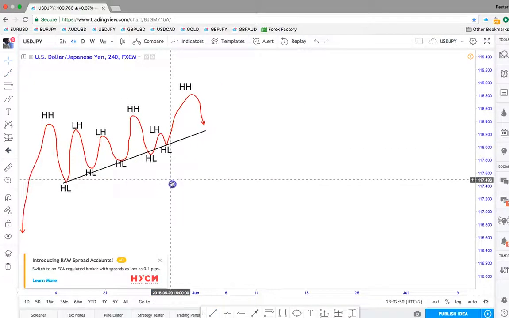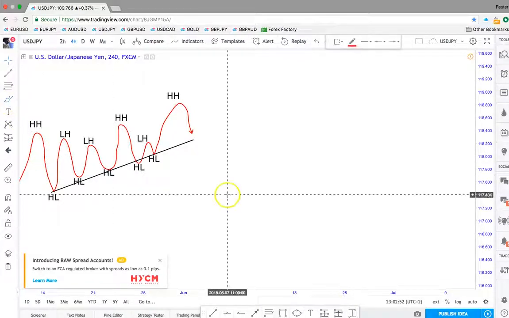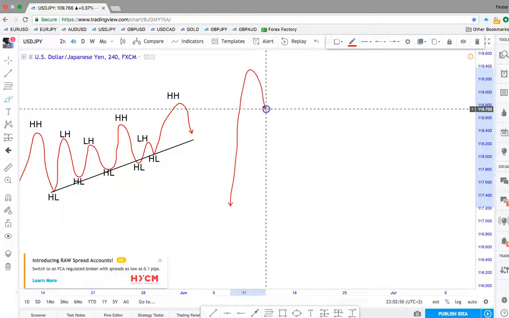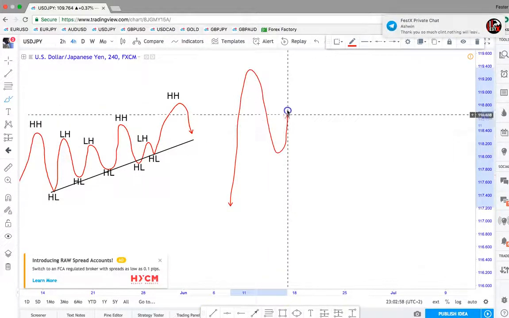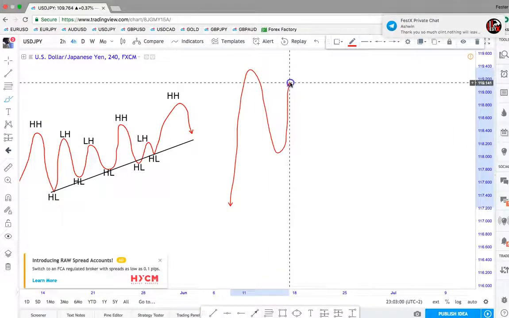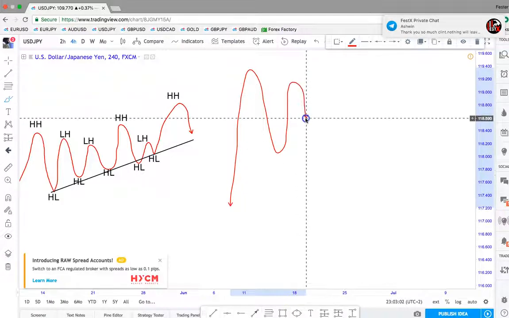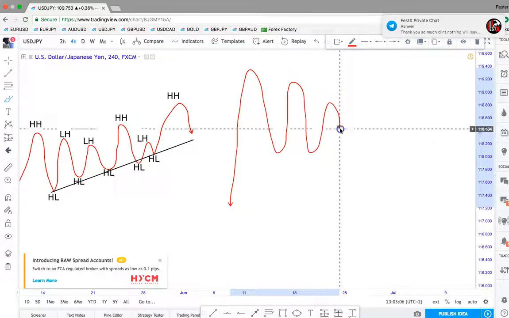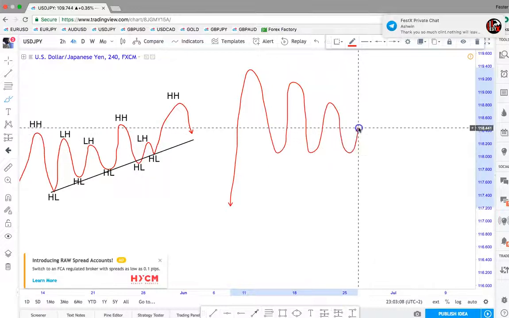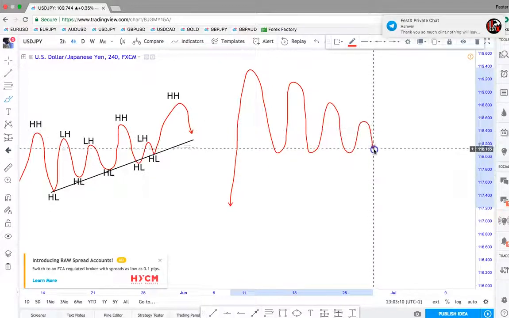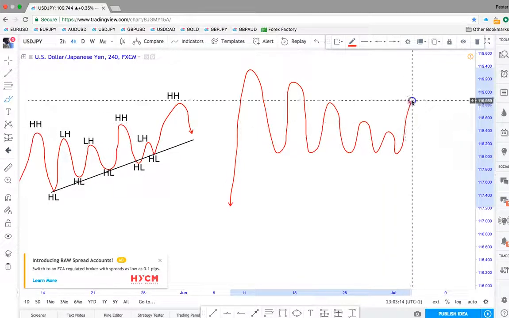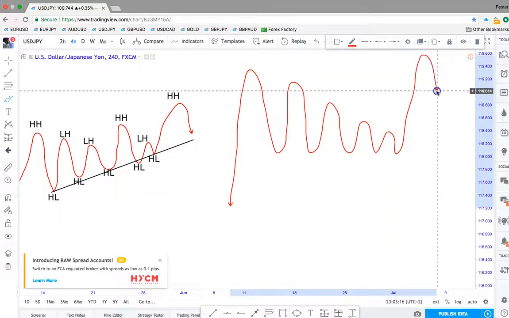I can show you another variation of this, and it goes something like this. So we have the higher high, we then have lower high, lower high, lower high, and then all of a sudden that happens.